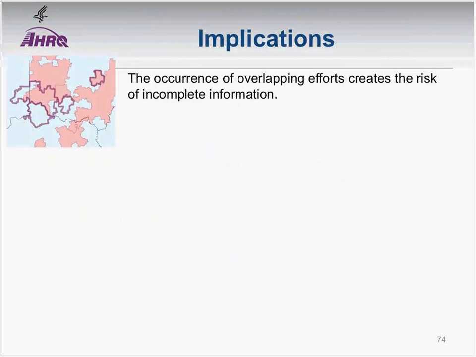So the overall findings were that HIOs overlap service areas, and geographical complexity, I think, increases by accounting for participation in healthcare markets. There are more implications than these findings, but these are the big ones that come to my mind. First, the occurrence of overlapping efforts creates the risk of incomplete information.